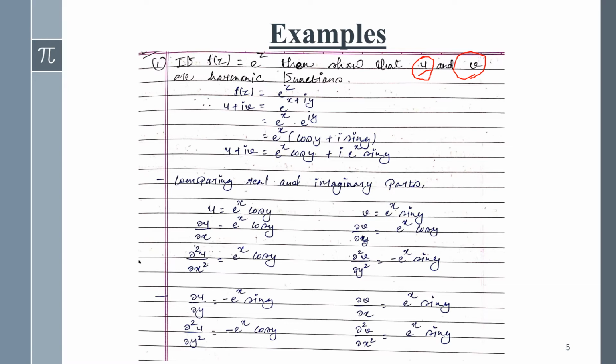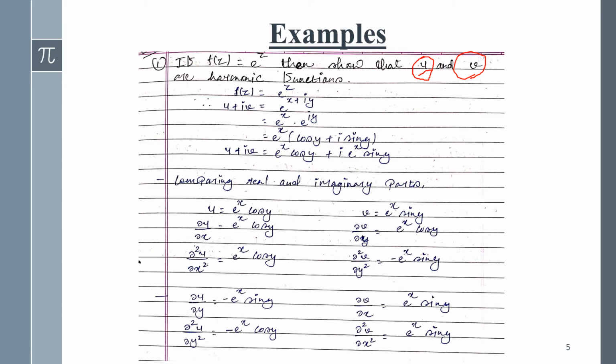Now see, guys, for this we need u and v, and u and v we can definitely find from the real and imaginary parts only, right? So applying f of z equals e raised to z, and in place of z I am applying x plus iy.